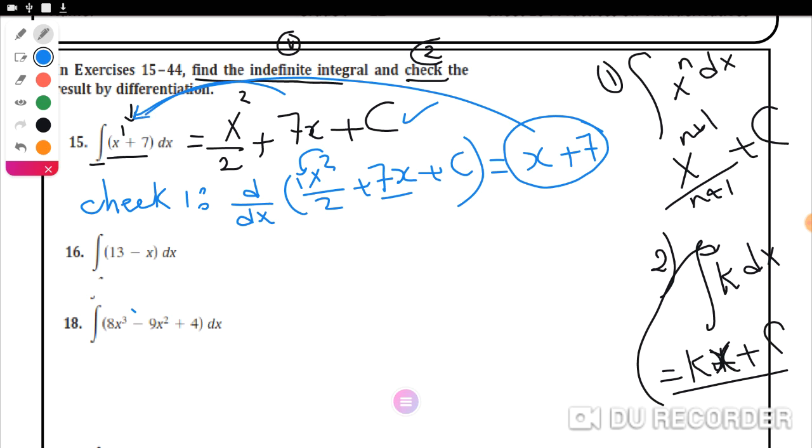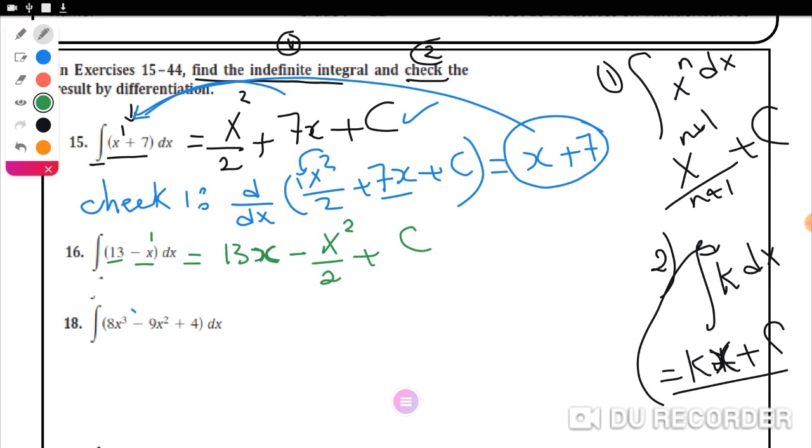I think it's so trivial. For the second problem, by the same rule, the integration of 13, I will find the integration of each term. It will be 13x. Then the integration of x, power 1 add 1, x to power 2, is 2 over 2, plus c.